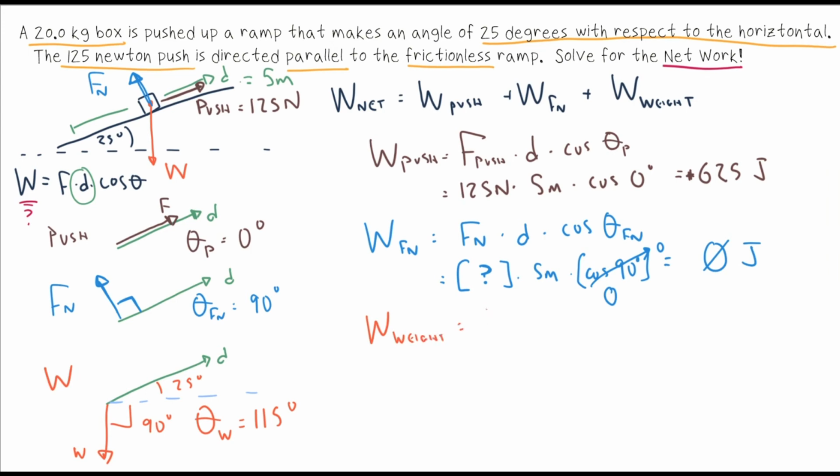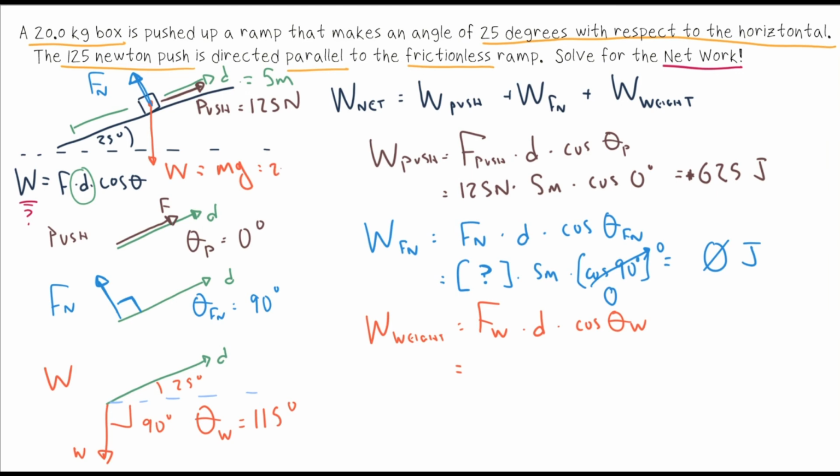So we have the force from the weight, the displacement, and the cosine between the weight and displacement vector. And at this point, some people might plug in the force of weight to be 20 kilograms. That would not be correct. Weight is equal to mg.